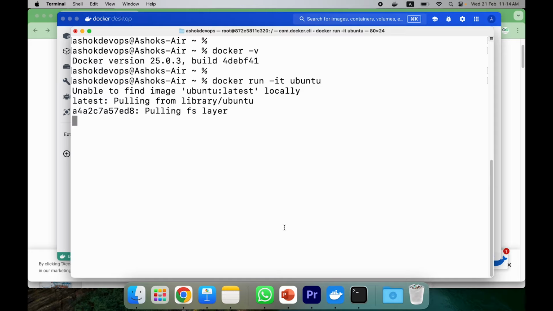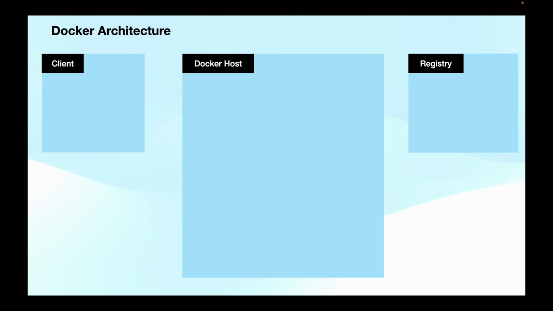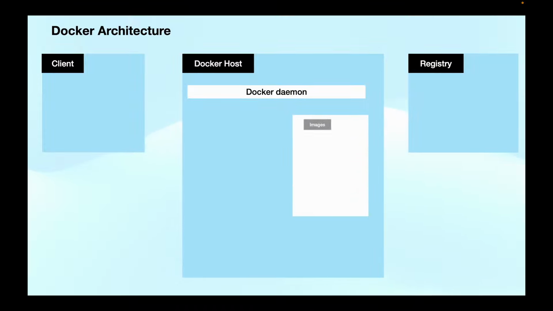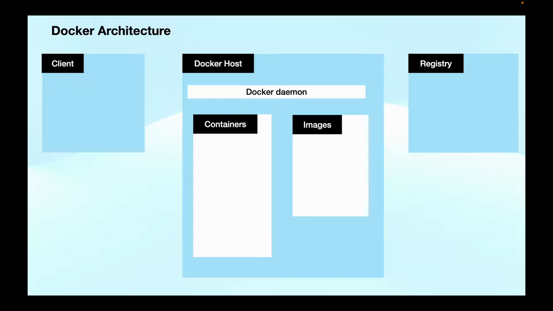In the background, we have three components: client, Docker host, and a registry. In the Docker host, we have the Docker daemon, like the Docker Desktop we have installed right now, and it will contain images and containers. When you run docker pull or docker run commands, it will interact with the Docker host, which has the Docker daemon.